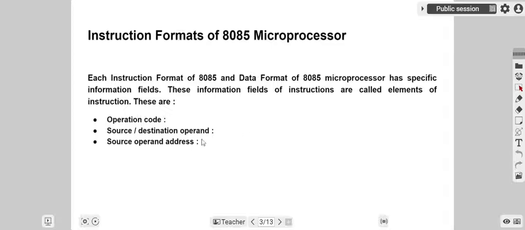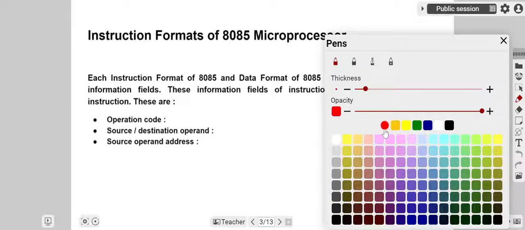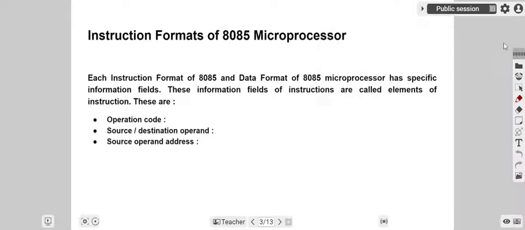We have already discussed this, but these fields are, first of all, the operation code, which is called the opcode itself. And what is that opcode?